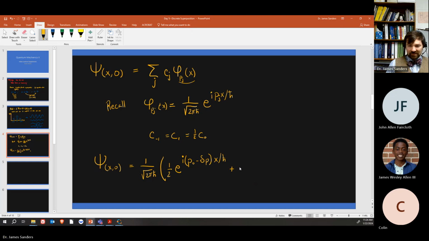The second one is just 1 times e to the i p naught x over h bar. And the last state, again with amplitude a half, is e to the i p naught plus delta p, x over h bar. Okay, so here's our sum.